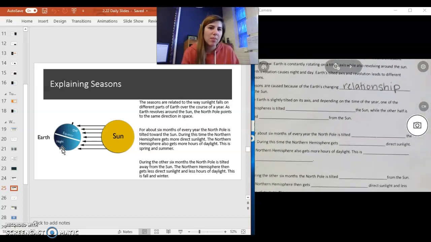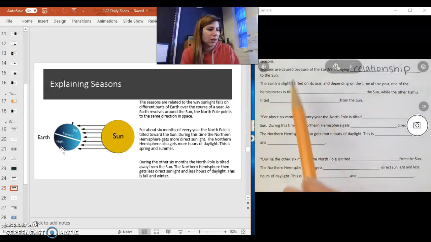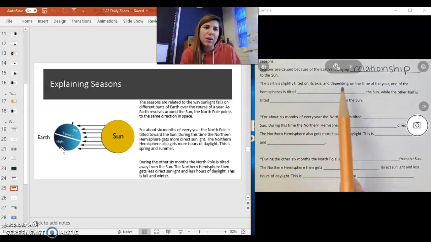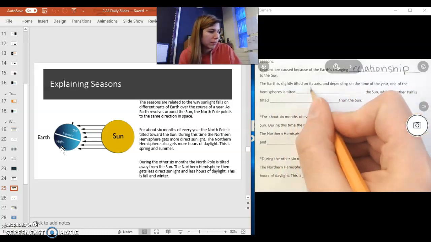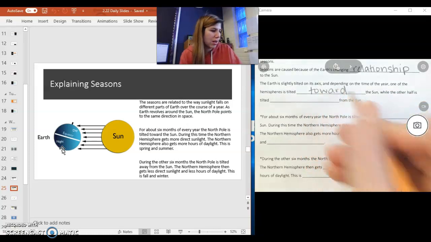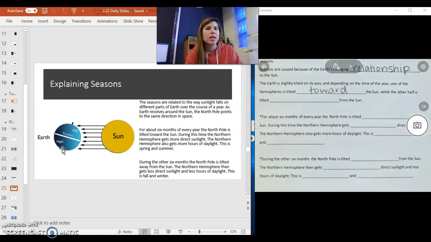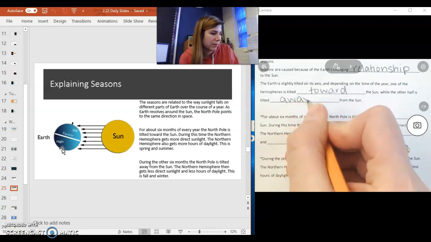We will do a model of this at the end of our notes, but for right now we're going to come back and fill in a couple blanks. So the Earth is slightly tilted on its axis, and depending on the time of year, one of the hemispheres is tilted toward, that means pointing in the direction of the sun, while the other half is tilted away from the sun.